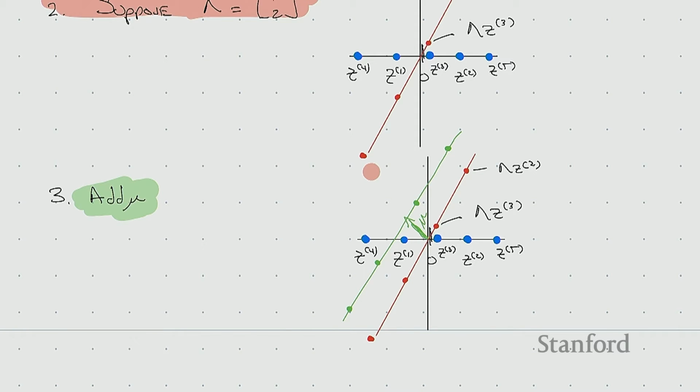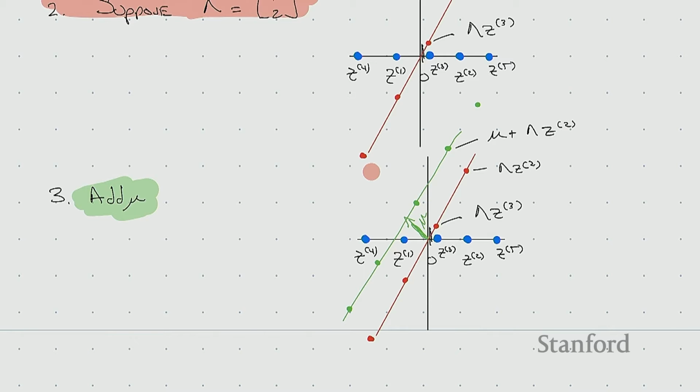And there's one off the screen now, over here somewhere. Okay? This point is mu plus lambda z2, right? It's this point translated by mu.